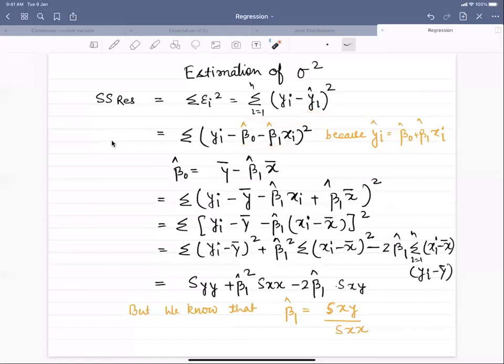So we are writing summation over i = 1 to n of (y_i minus beta naught cap minus beta 1 cap x_i) whole square. And we also know from the least square estimates that beta naught cap is equal to y bar minus beta 1 cap x bar.